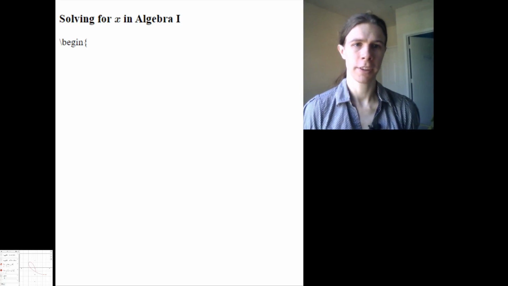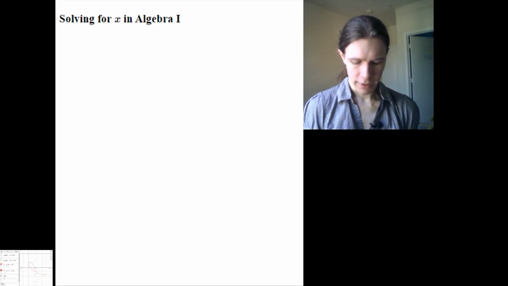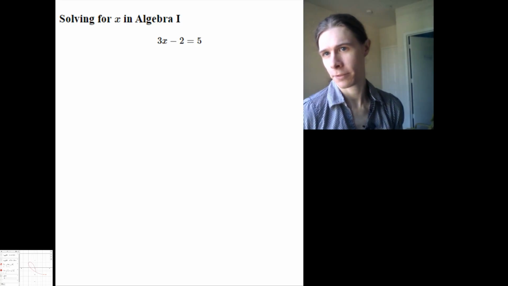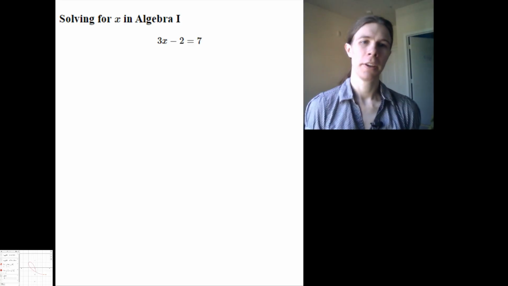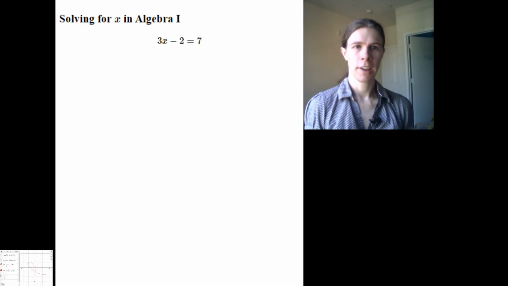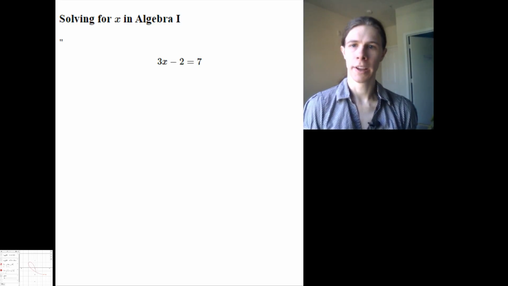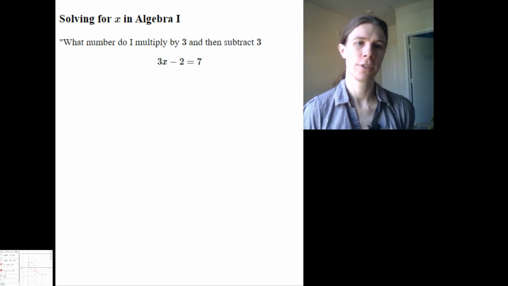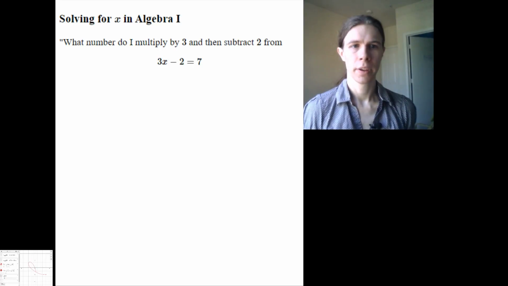So typical time you're solving for x in Algebra 1, you're going to have something like 3x minus 2 equals 7, which is really solving the problem: what number do I multiply by 3 and then subtract 2 from to get 7?